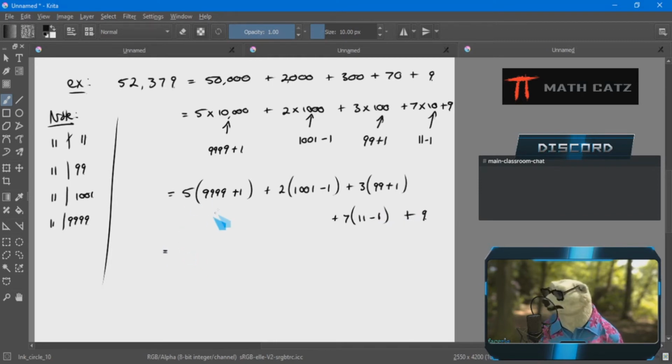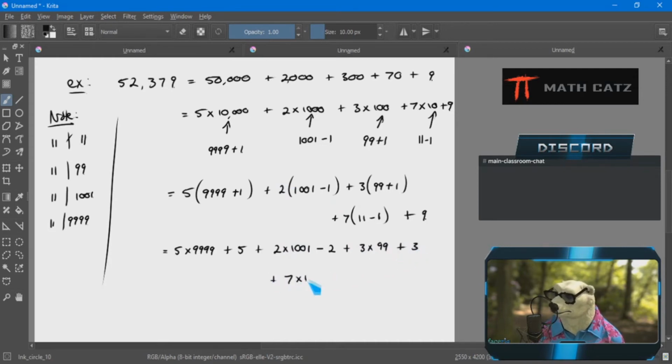Now I'm going to multiply the front numbers in. 5 times 9,999 plus 5 times 1. Then 2 times 1,001 minus 2, because it's a minus. Then plus 3 times 99 plus 3. And then I have 7 times 11 minus 7 and plus 9. Okay.